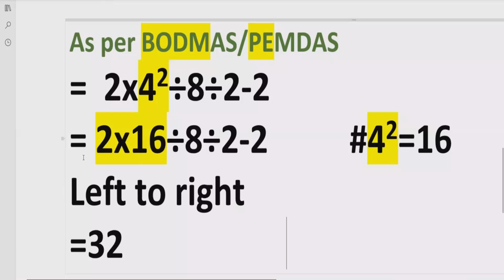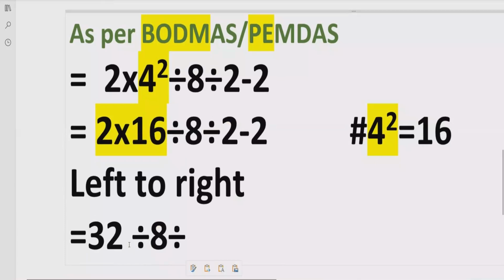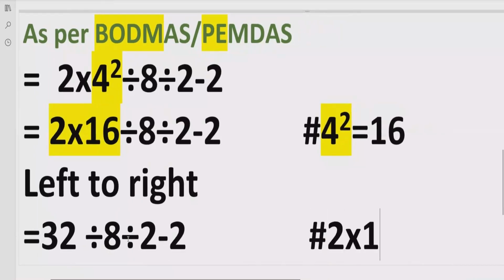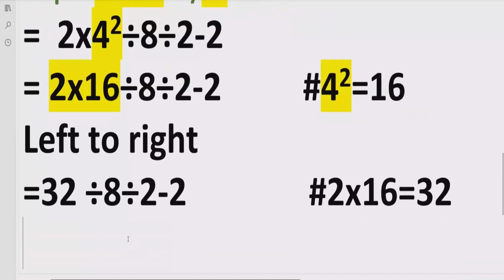So now we have 32 divided by 8 divided by 2 minus 2. Again, we have to write as it is. And here we have to give the reference, 2 multiplied by 16 equals 32.